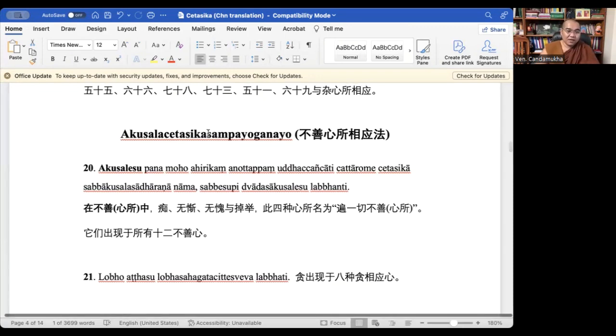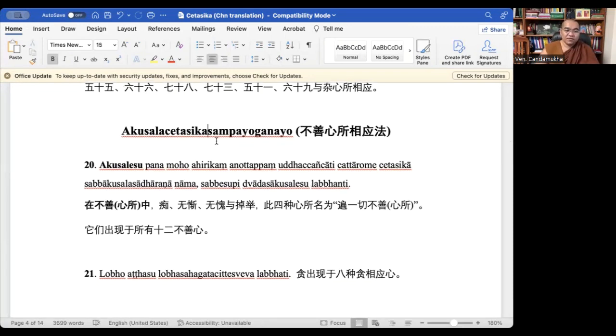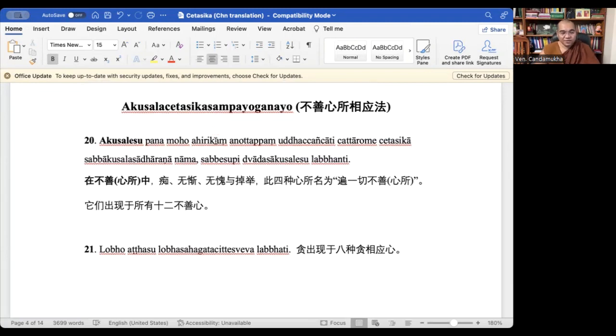Unwholesome mental concomitants, you already know, are 14. Akusala Citta is only 12: 8 Lobha Mula, 2 Dosa Mula, 2 Moha Mula, very simple.